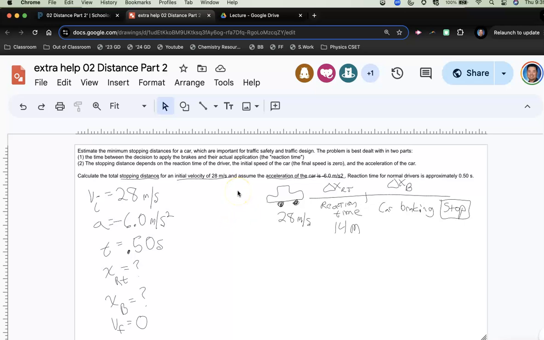We are going to use another equation. We're going to use an equation that uses acceleration. So it's going to be this.